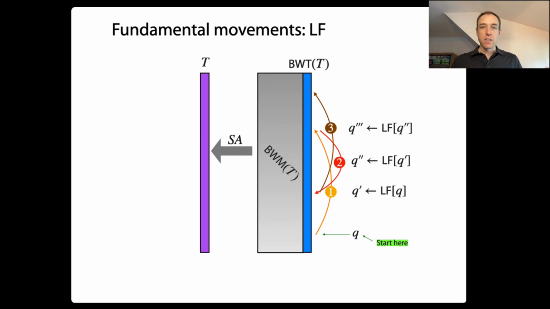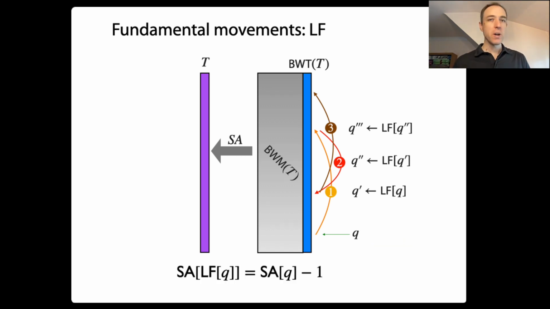What's interesting is to bring in the idea of how these movements using the LF mapping in lex space are reflected in t space. And we already know that they represent movements to the left by 1. That's what this equation is denoting: the suffix array entry at the LF of Q is equal to the suffix array entry at Q minus 1. The suffix array being the way we translate from lex to t coordinates.